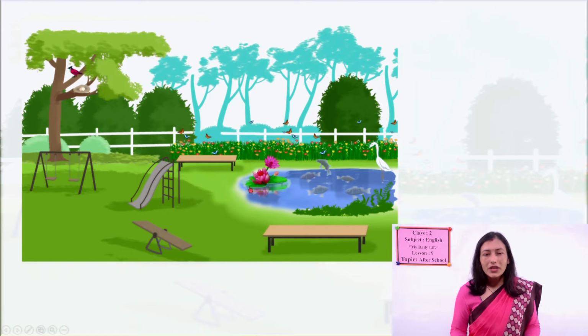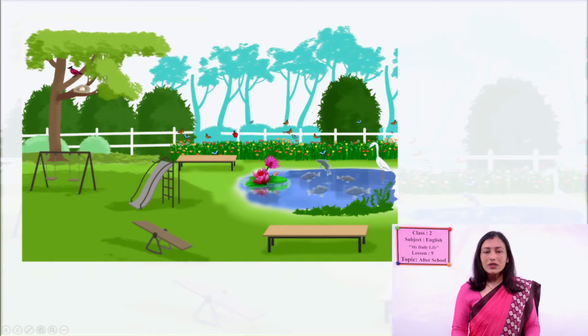Now, look at the picture. What do you see in the picture? Look at the picture carefully. What is it? Can you tell me what it is? And what is there? This is a pond. And what is there in the pond? Yes, fishes.